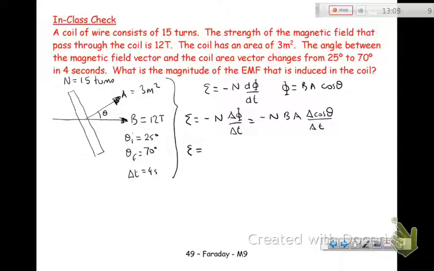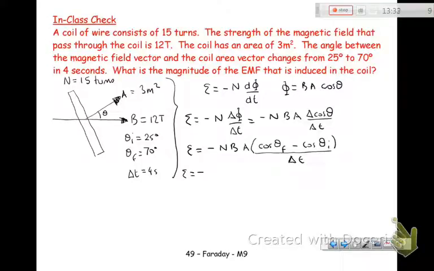So E is equal to minus n B A. And I've got to be careful here. It's going to be cos theta final minus cos theta initial over delta t.